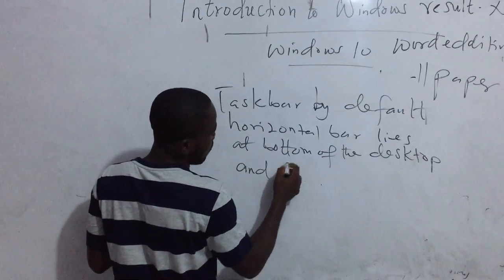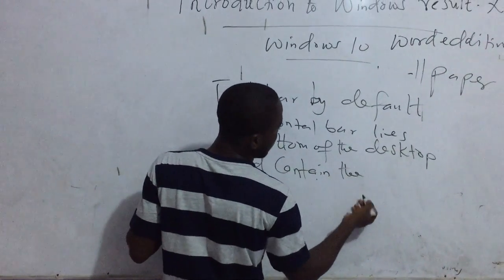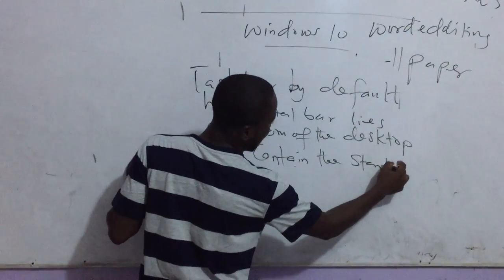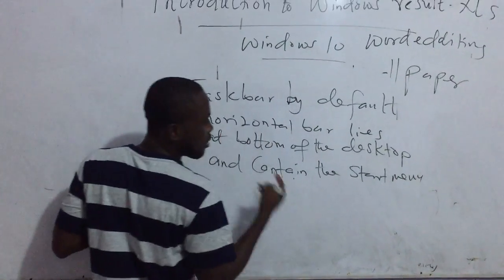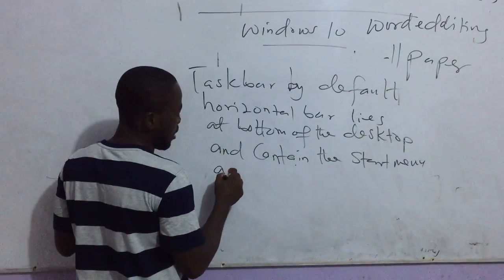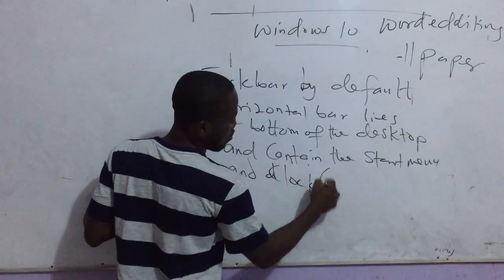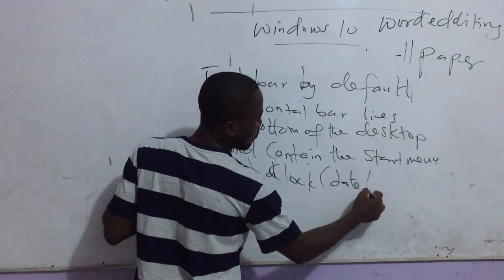And it contains the start menu and the time. These are the most popular utilities on the taskbar: the start menu, and then the date and time, or clock. The bracket date/time.